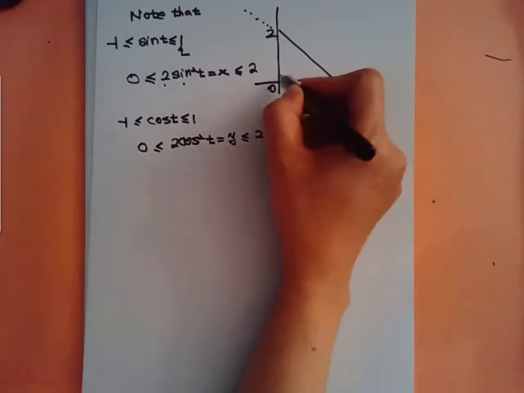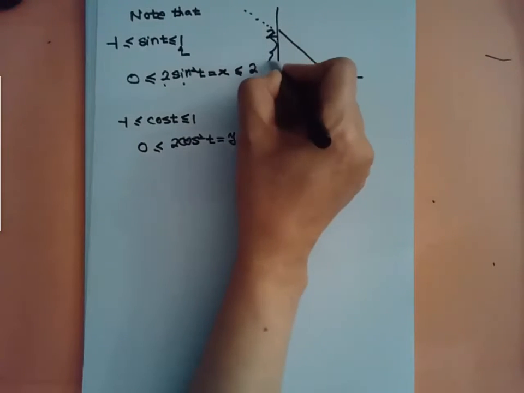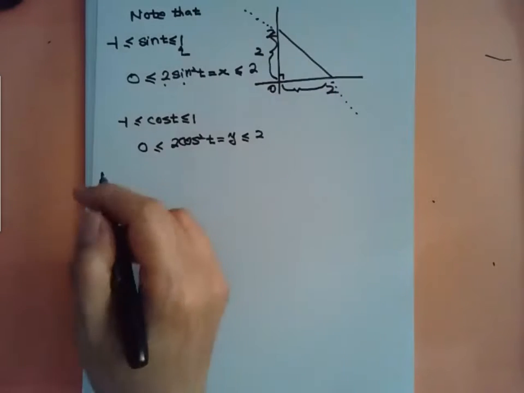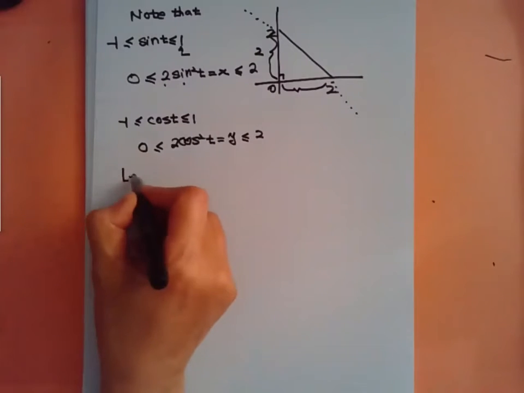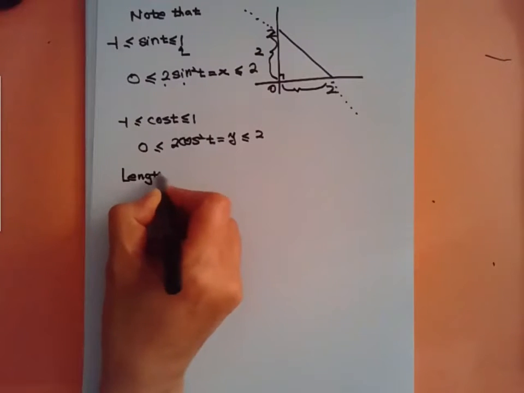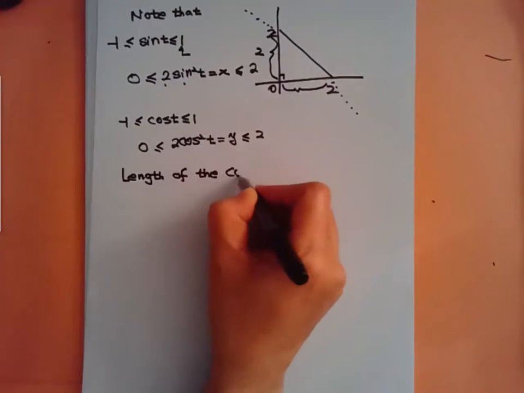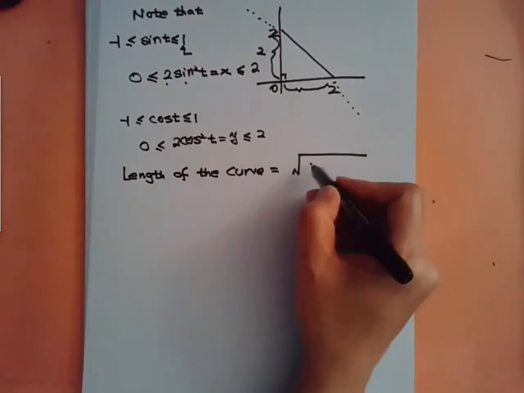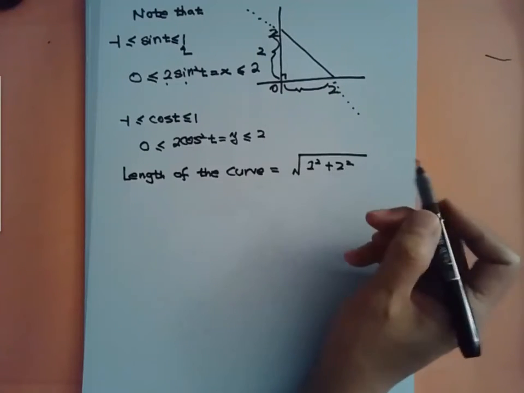So we can just apply the Pythagorean formula. Two legs lengths are both 2. So the length of the curve is the same as square root of 2 squared plus 2 squared.